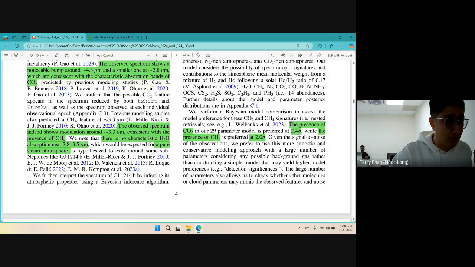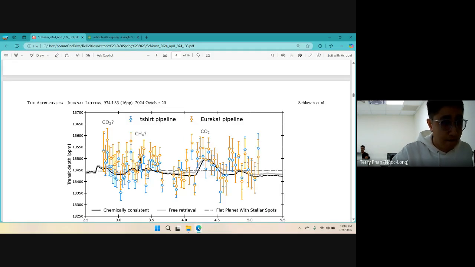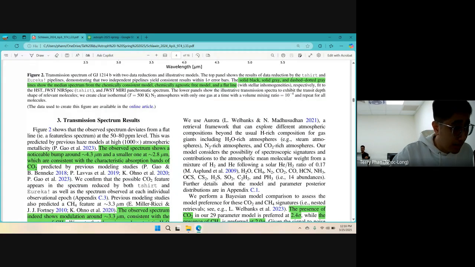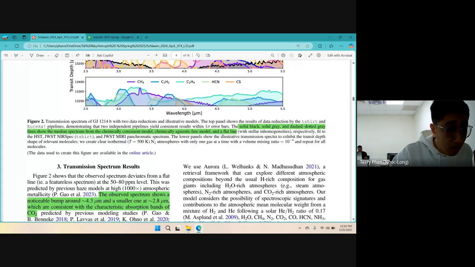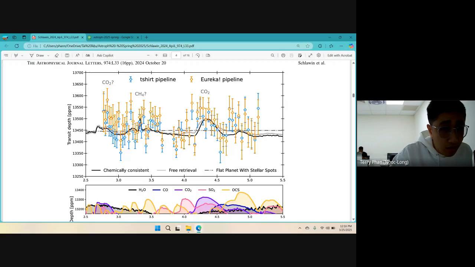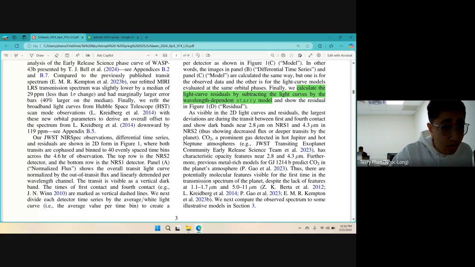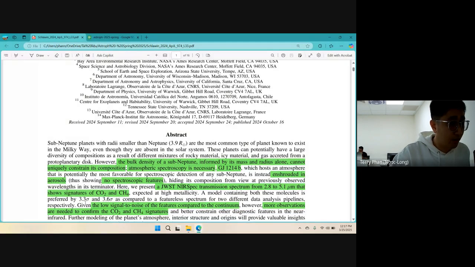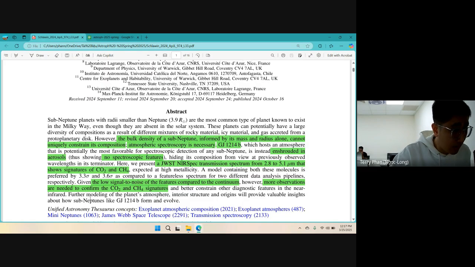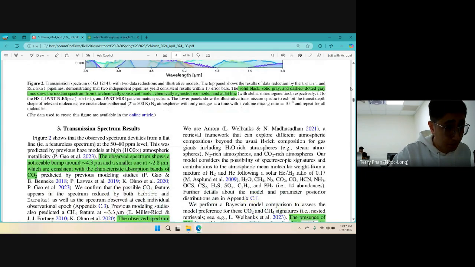So I forgot to mention that in their observation, the sigma is, let me check. Oh, the sigma is 3.3 sigma for the tshirt part for the carbon dioxide, and 3.6 sigma for the methane.